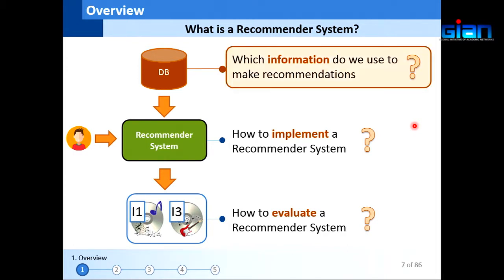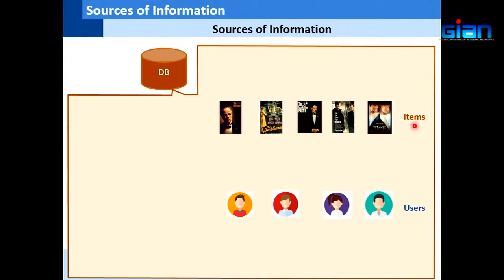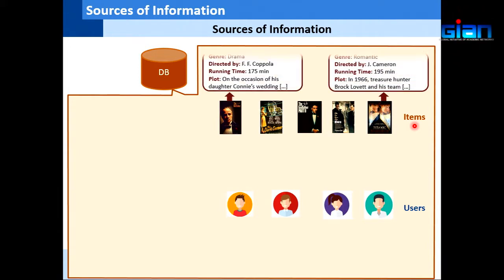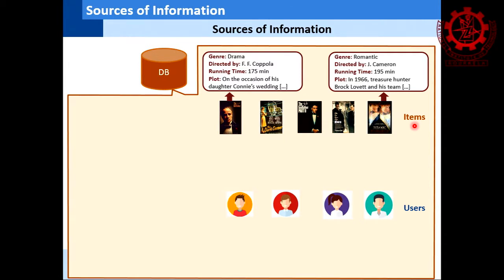In relation to the first question, the kind of things that we can store in a database are things about items and about users. About items, we have different features of each item. For example, we have information about the director, the running time, or even the plot. This is called content-based information.